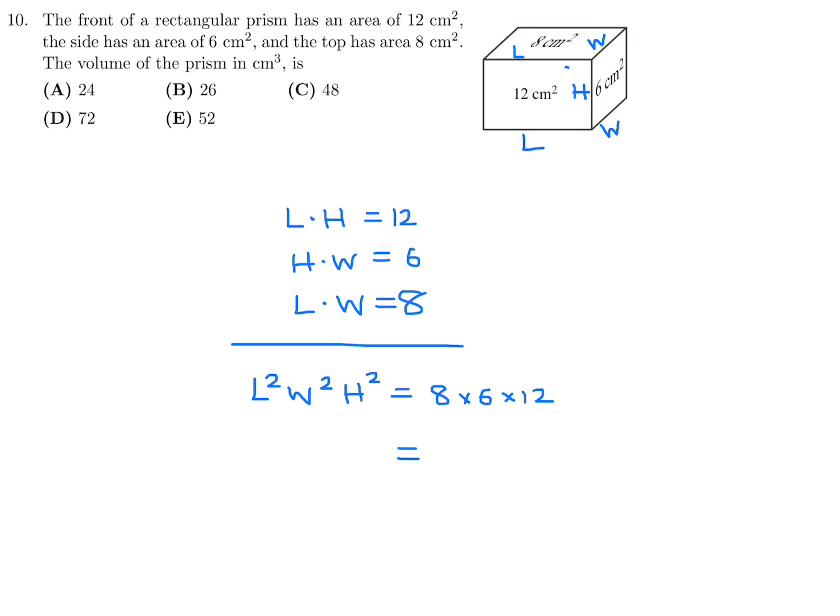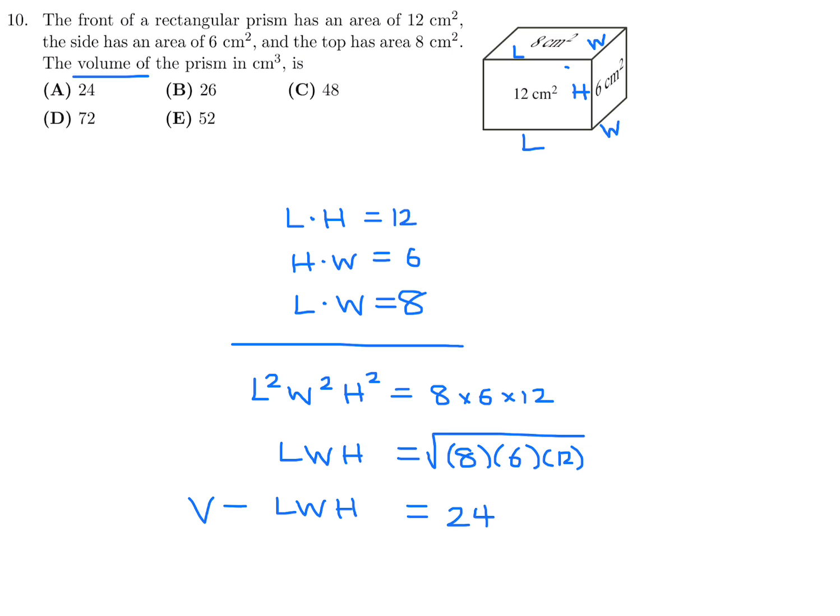So if you take the square root now of both sides, this just becomes L times W times H. And then you take the square root of 8 times 6 times 12. And if you do, you get 24. And length times width times height represents the volume. That's how you figure out the volume of a prism. So number 10, the answer is 24, which is choice A.